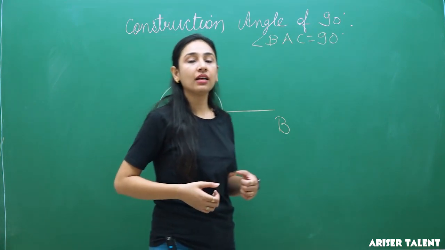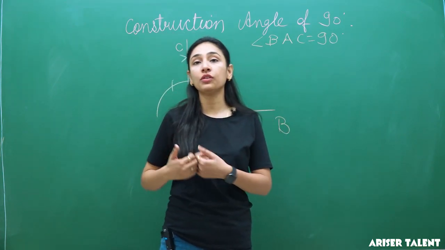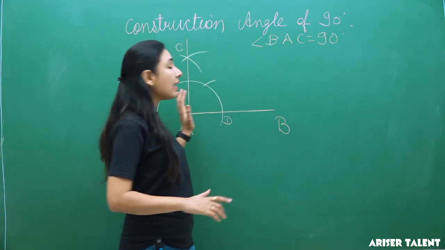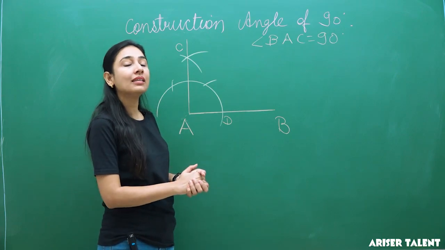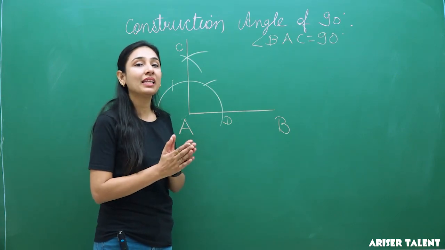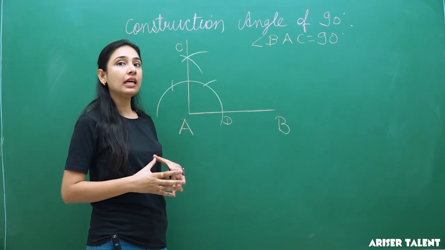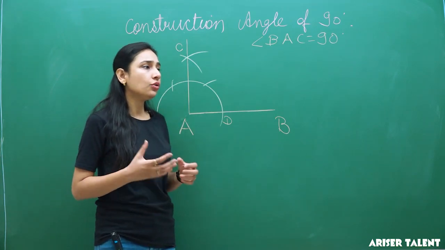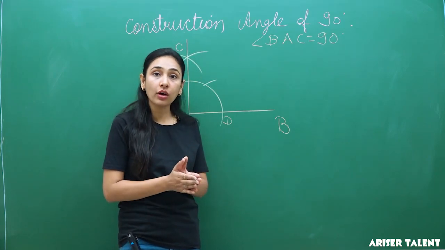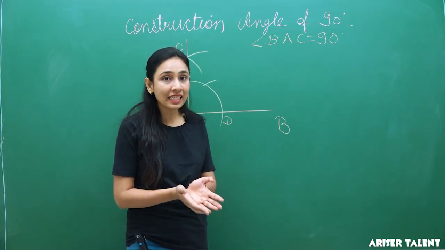Now, if you look into your exercise number 1, you are given questions like make an angle of 45 degree, make an angle of 30 degree, that we have already mentioned. Okay, this is 90 degree. How to make angle of 45 degree? Now, if you're given the question to make an angle of 90 degree, then try to remember, do it twice. Now 45 multiplied by 2 is what? The twice of 45 is 90 degree.